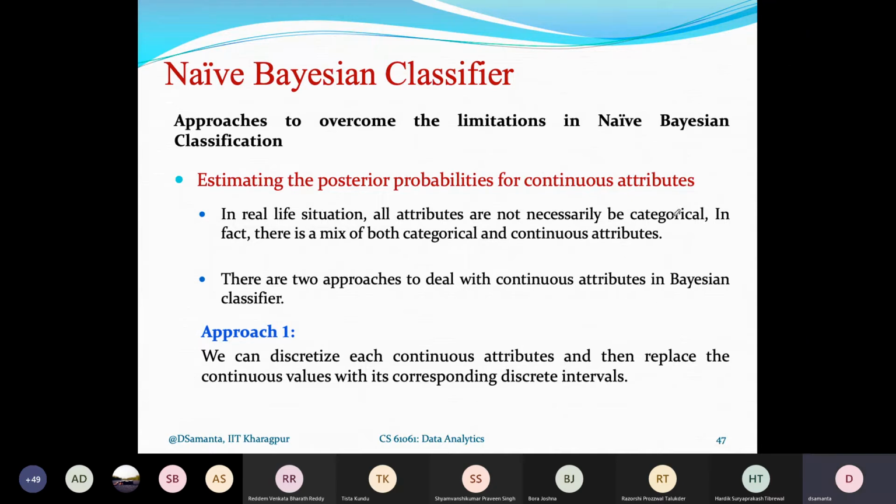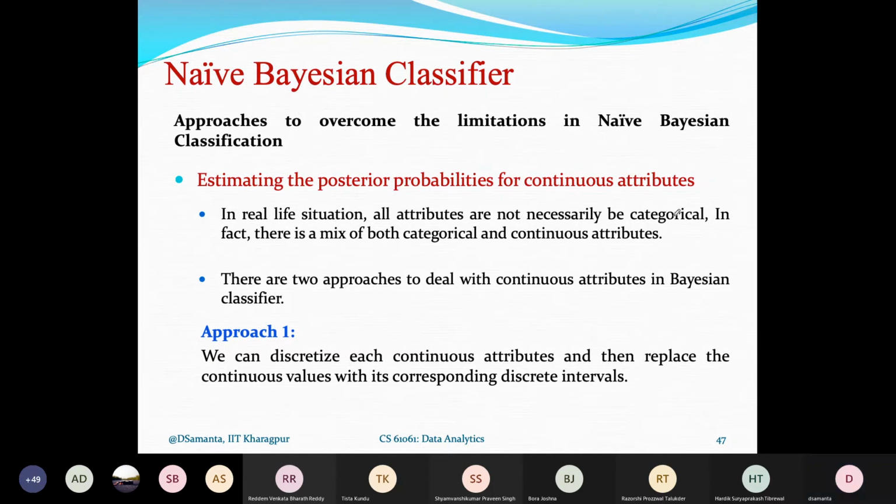For example, age is one attribute. Age can have any continuous values from 1 to 100, and let it be only integer values: 1, 2, 3 up to 100, whatever age values are there.